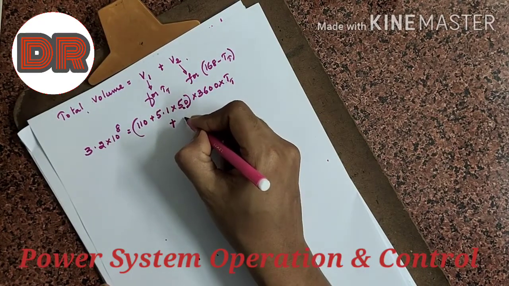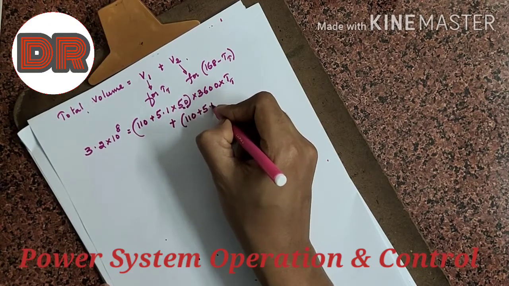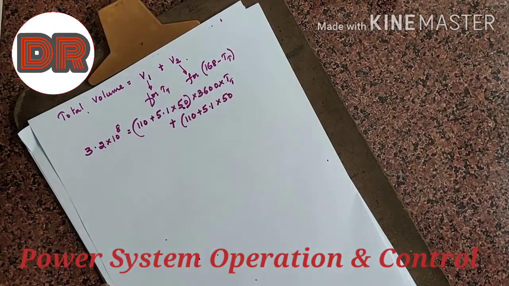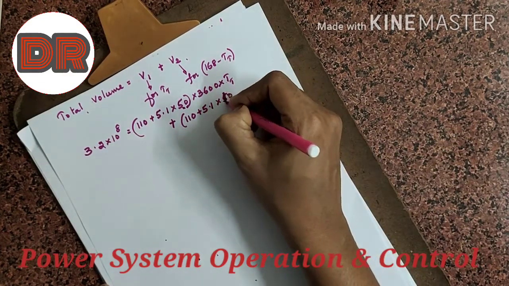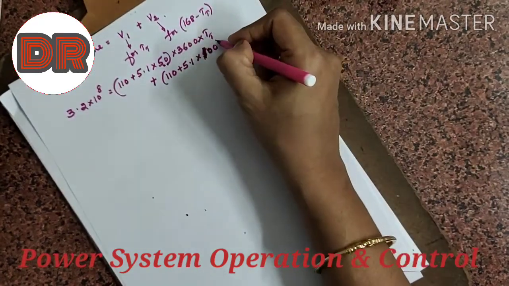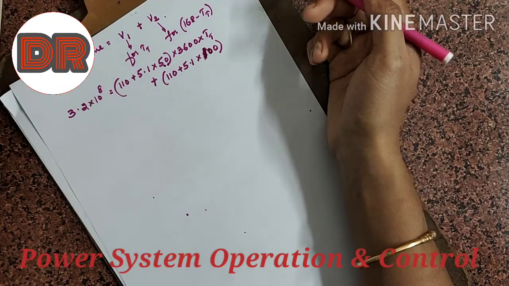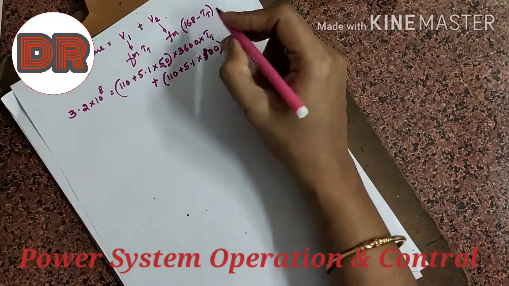So for V2 we get again the same equation, that is 110 plus 5.1 into 100. Sorry, it is not into 50, it is into 100. Because for the remaining hours thermal generation is not there, only hydro generation is there, but those remaining hours we have to calculate.